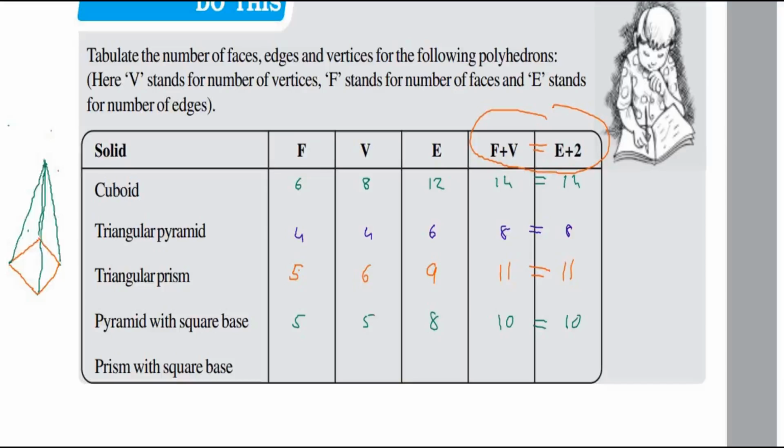Now let's take a prism with a square base. Okay, so we have now a prism with a square base. So a prism will have, let's say, a square top, down, down, down, and a square bottom, like this, right, friends?